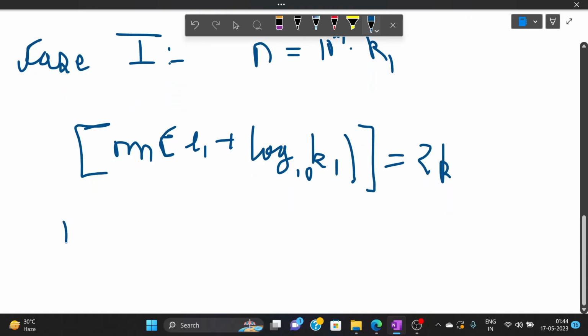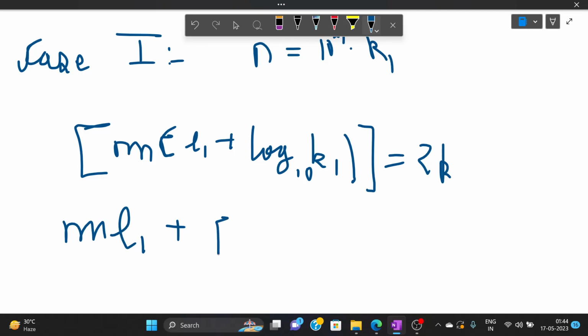So we get that m times L1 plus the greatest integer of m into log of k1 base 10 should be an even number.